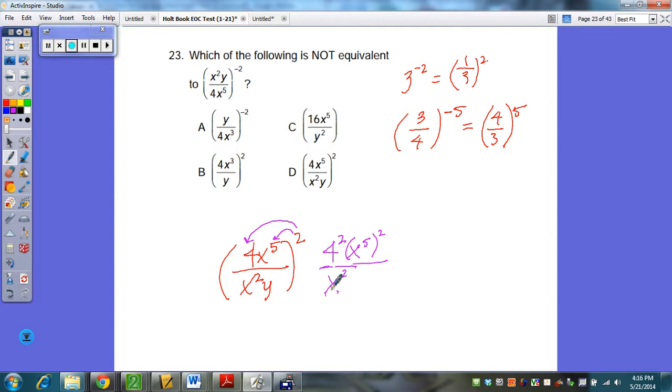So we have x squared raised to the 2nd power and y raised to the 2nd power. So we have 16x to the 10th over x to the 4th y squared. Now again, when I have the same base and different exponents over a fraction bar, we subtract the exponents. So we get 16x to the 6th over y squared.